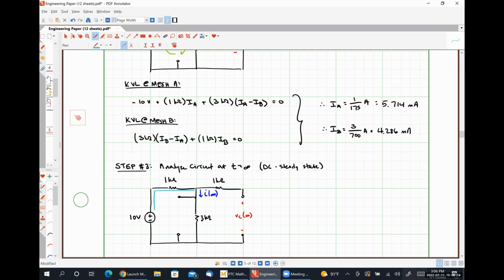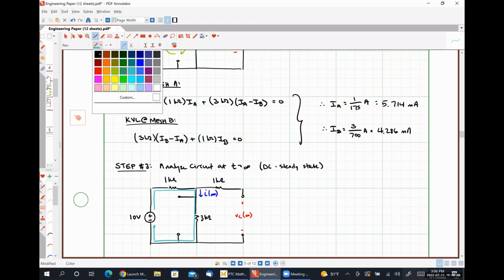It sees this node, so it has that path down or the path to the right through the open circuit. Current can't flow through the open circuit, so it has to flow down. Now it sees the path down through the 3 kilo ohm resistor or the path to the left through an open circuit. So all of it is going to flow down through the 3 kilo ohm resistor, and it's going to return to the 10-volt source like so.